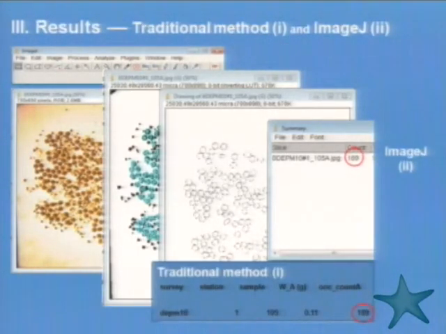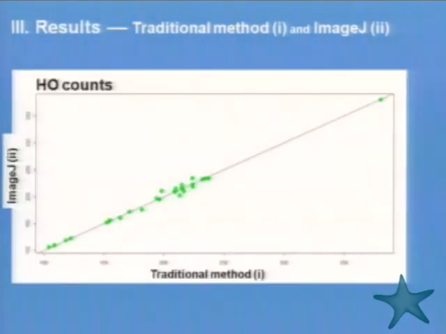And this is our result. ImageJ counts all the particles that have been defined previously. This is an example of a count of the oocytes with the two methods. You can see that we obtain the same result.